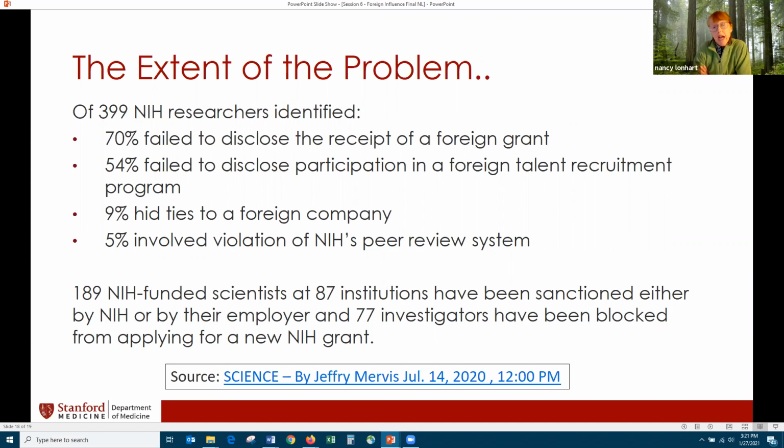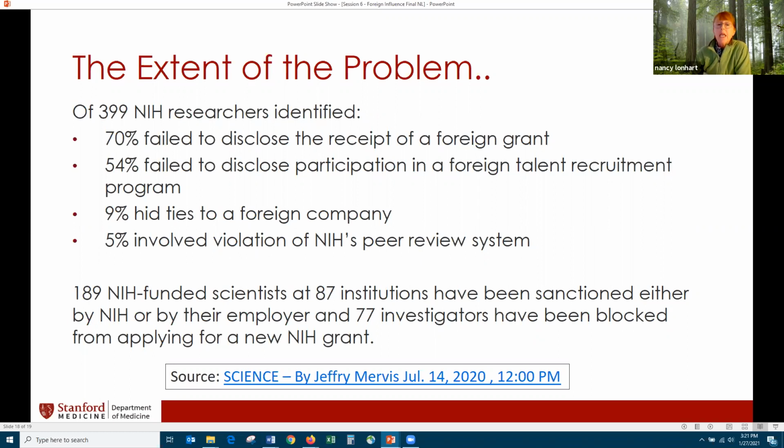As of 2020, almost 400 NIH researchers have been identified. And of them, 70% failed to disclose receipt of a foreign grant. 54% failed to disclose participation in a foreign talents recruitment program. 9% hid ties to a foreign company, and 5% were involved in a violation of the peer review system.